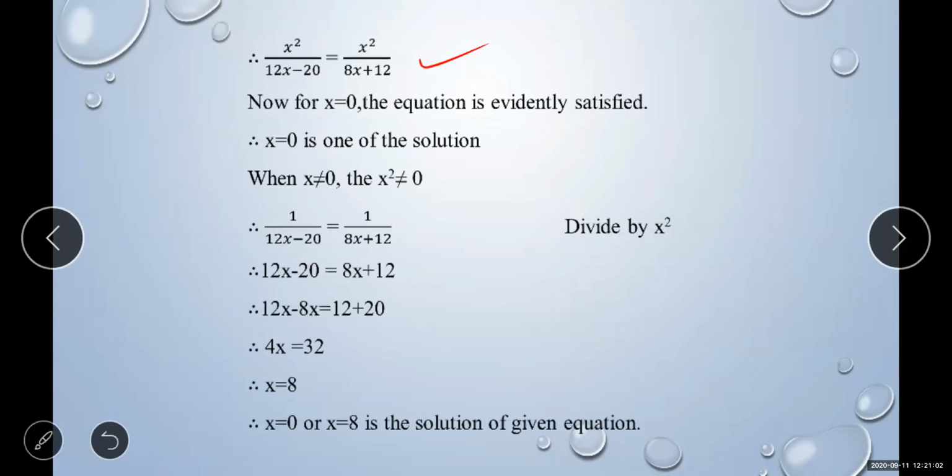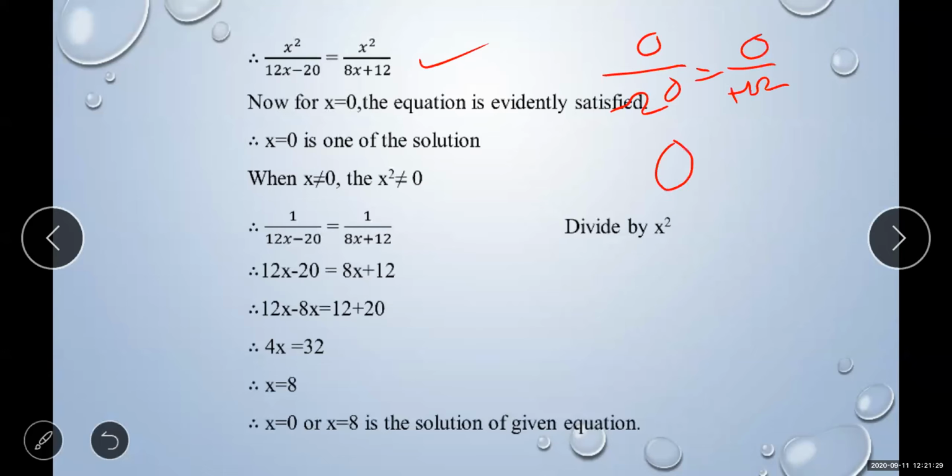Just look here. When we put x equal to 0, what do we get? x square means 0 square upon 12x, 12x means 0, minus 20, is equal to 0 upon 8x plus 12, which is 0 upon 12. So the answer is 0.